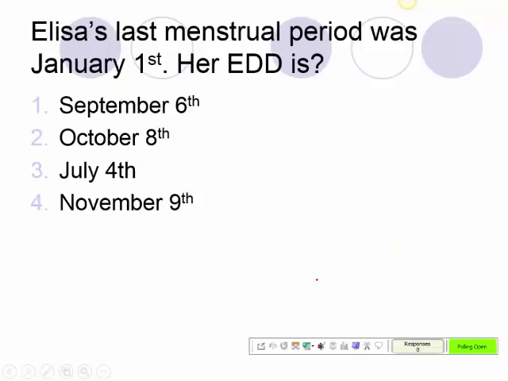So let's say I give you a question like this. Eliza's last menstrual period was January 1st. When would you say her expected date of delivery is?